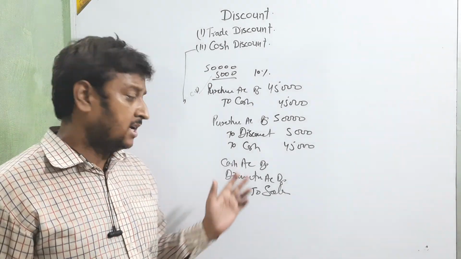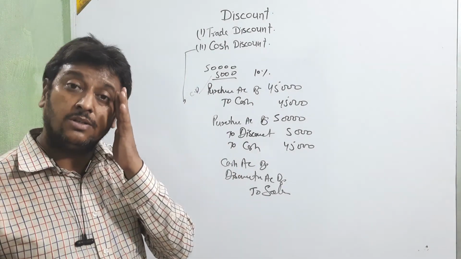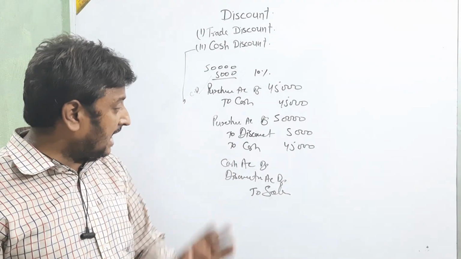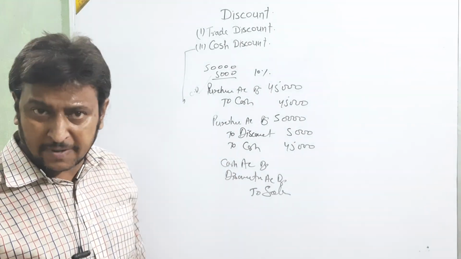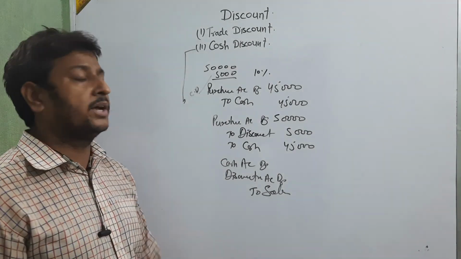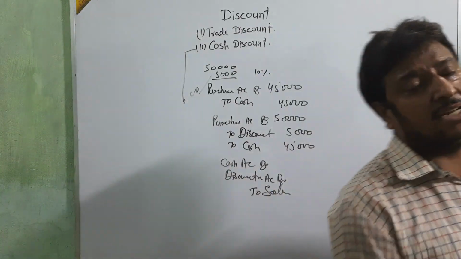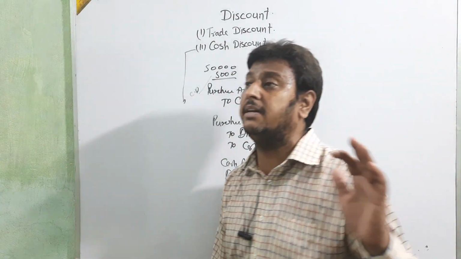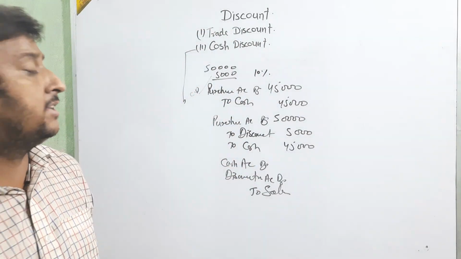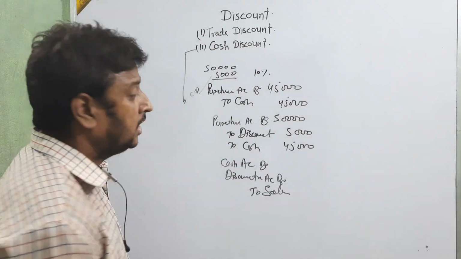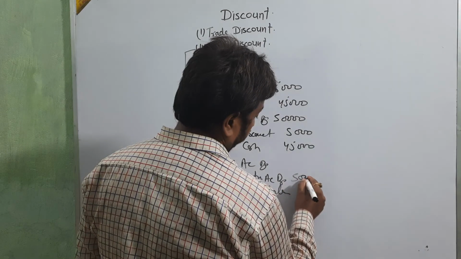If we allow the discount, then it is an expense and at that time we debit. When we receive the discount it is credit, and when we allow the discount it is debit.